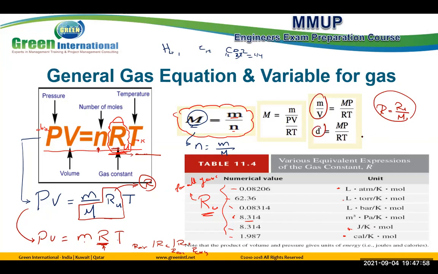So we can write this equation as P equal rho RT. There is another form that is a function of M, but don't care about that. Just take this one, which is an important one, and use it in exams. P equal rho RT. Where does it come from? We just divide mass by volume, which means putting the volume on the other side. Clear?